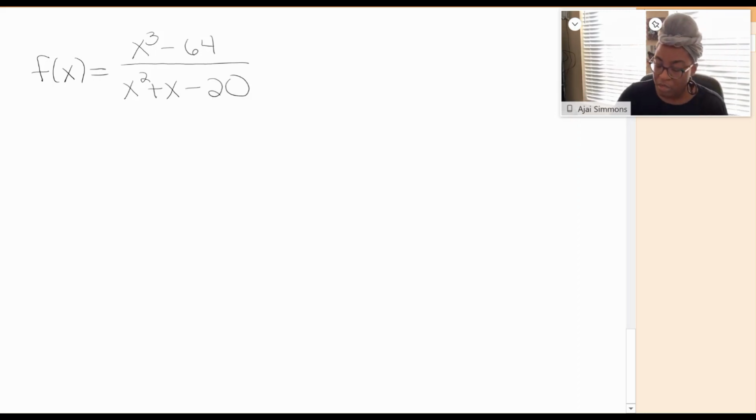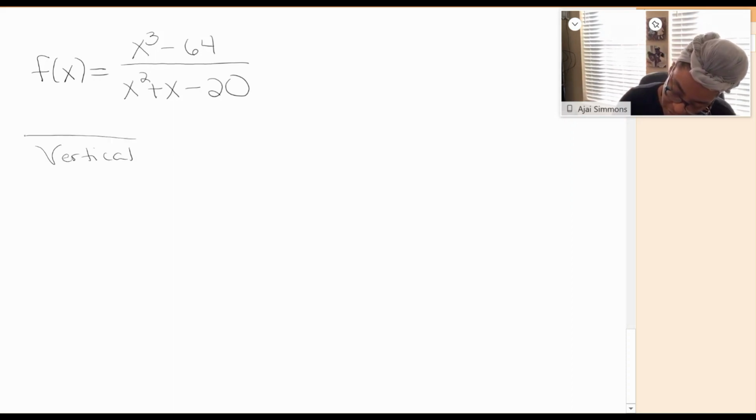Okay, so this problem right here, I'm just going to find all the different types of asymptotes. So if I want to find the vertical asymptote, I need to reduce this and then set my denominator equal to 0.